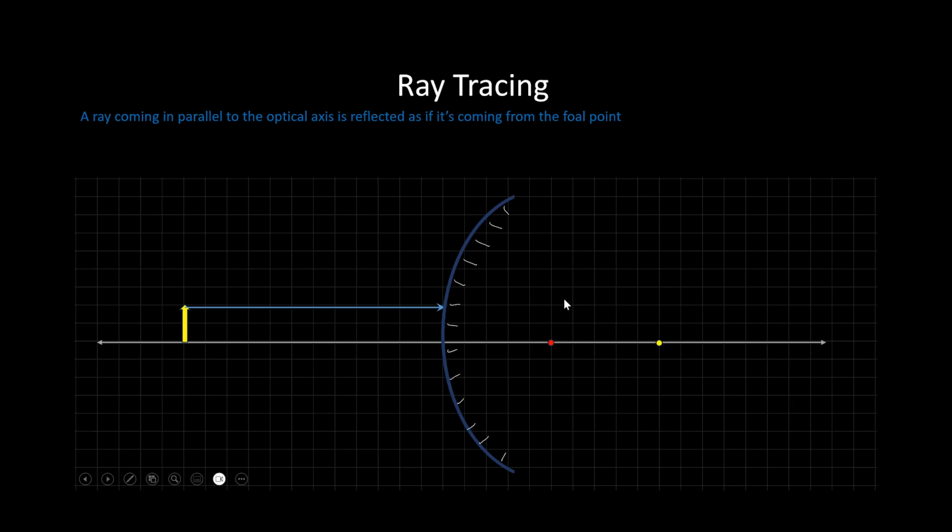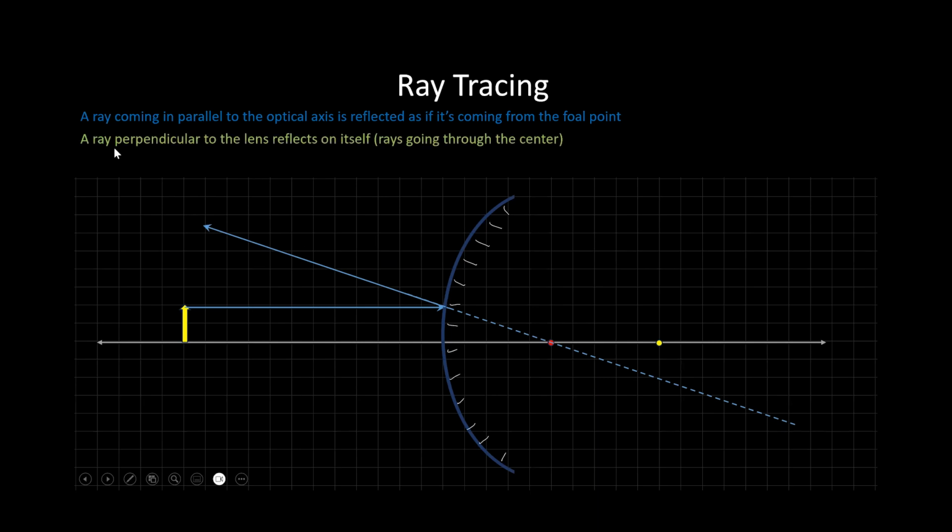It cannot go through the focal point, because the focal point is on the other side, so it's not going to go through it. It bounces back as if it's coming from it. There's the ray that it's going to follow. It comes in, bounces back, and bounces back as if it came from the focal point.